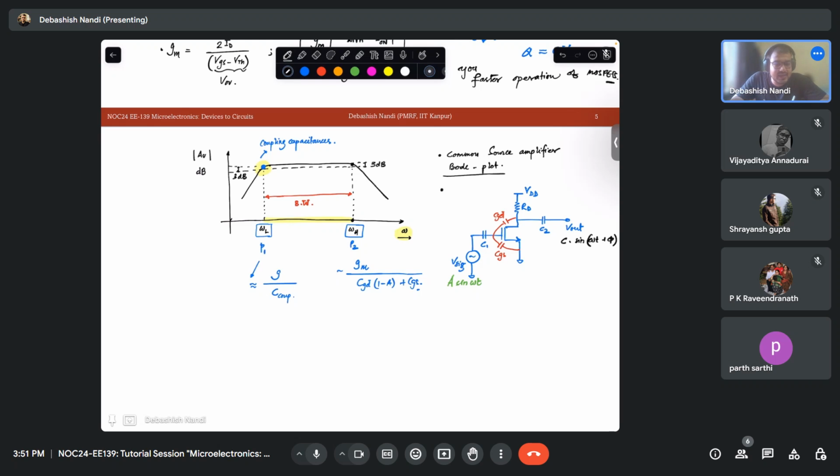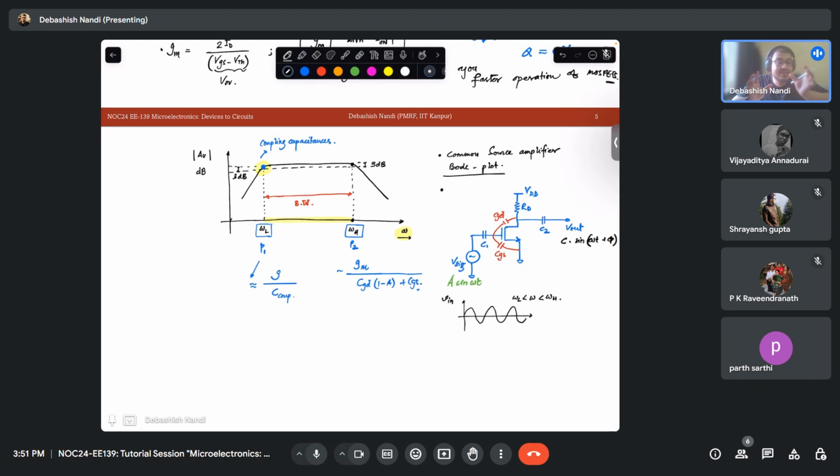So let's say I have an amplifier. The frequency of this input signal lies between omega L and omega H.